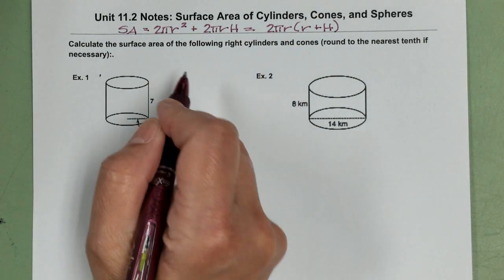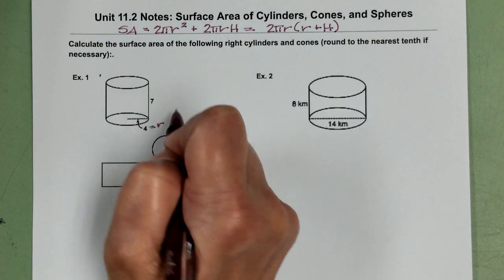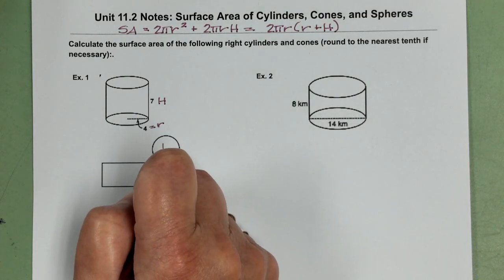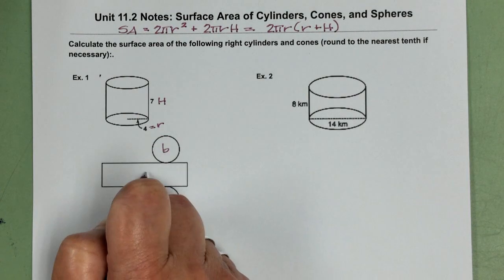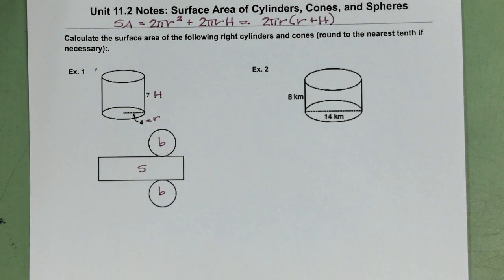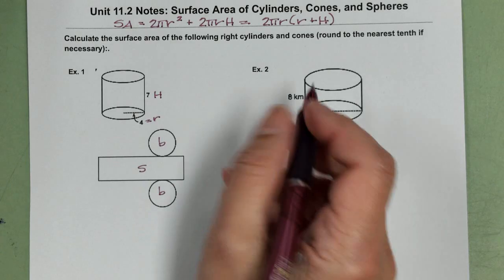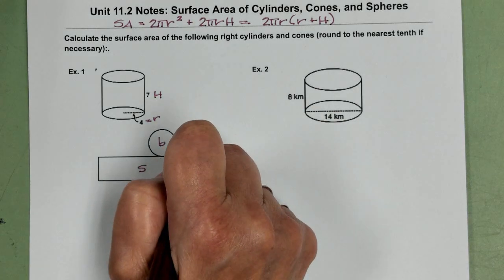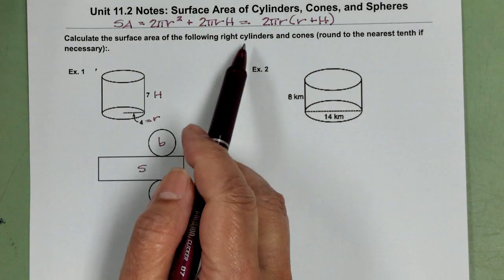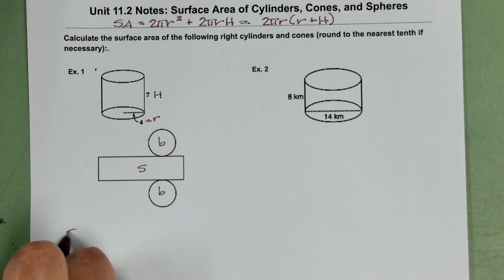Okay, this is my r, and this is my h. These are the bases, and this is the side. So, if I calculate the base, well, I'm not going to calculate the base. I'm going to go ahead and just plug it into the formula.